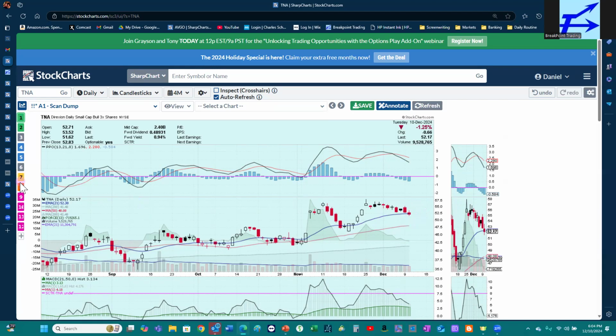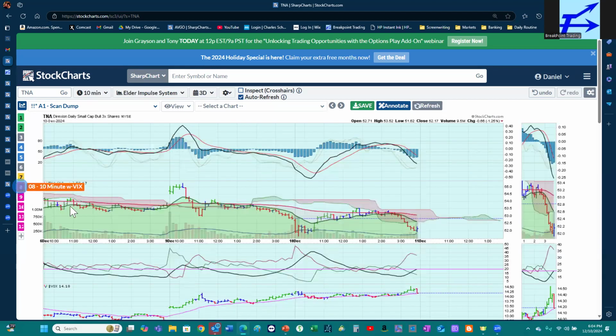If we look at the 10-minute chart, you'll see it right there. There's the last hour. It went down and then went up and stayed up almost the whole day. Then a little before 3 o'clock, it started selling off and just continued to sell off right into the close.